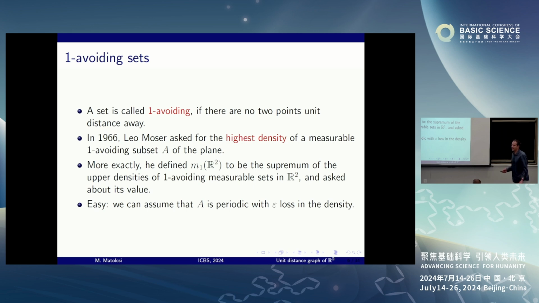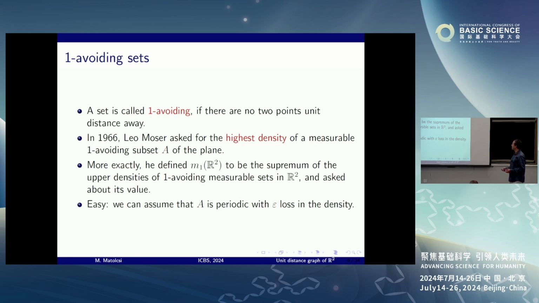That's the precise definition, but you don't actually need to go into too much trouble, because with a very easy argument, you can prove that you can assume that your set A is periodic. If it is periodic with a lattice, then it does have a density, and you don't have to worry about upper densities anymore, and you can use more analysis, namely Fourier analysis later.